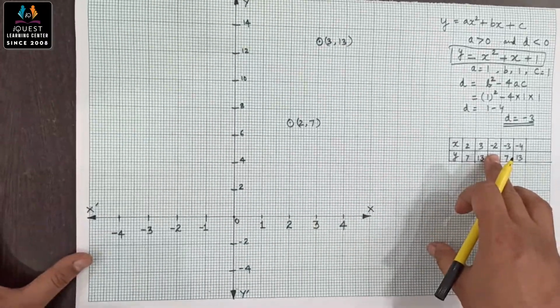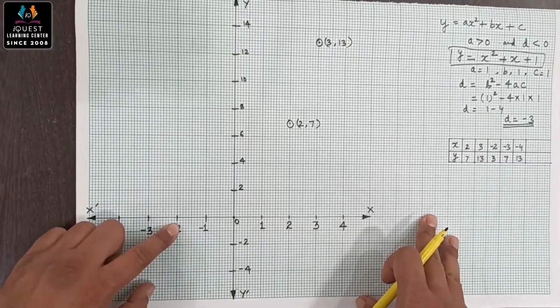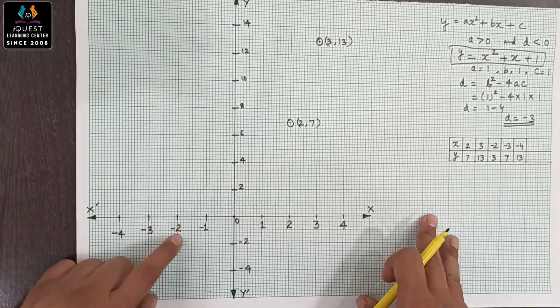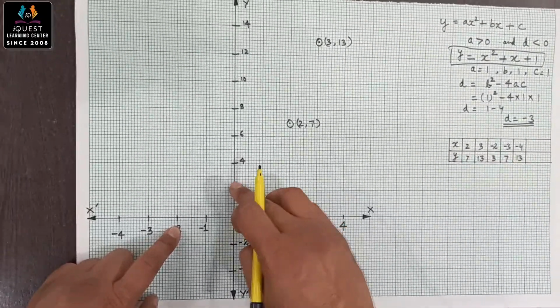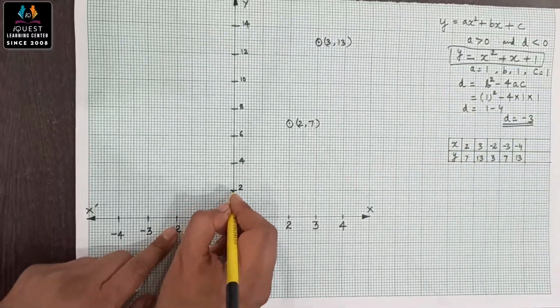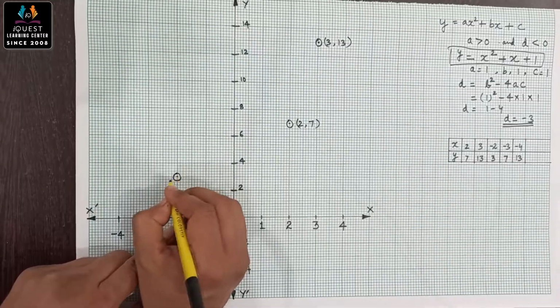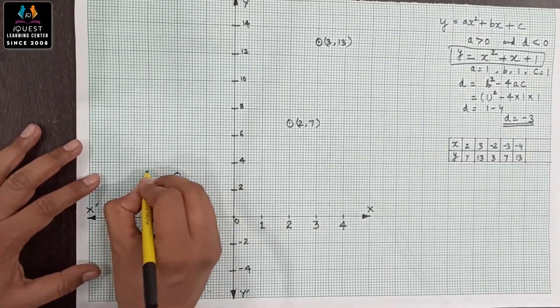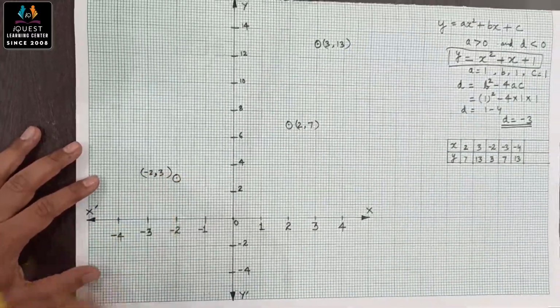For the x-axis is equal to -2 and y-axis is equal to 3. On the x-axis here is -2, and for the y-axis it's 3. It's in between 2 and 4. This is the point (-2, 3).